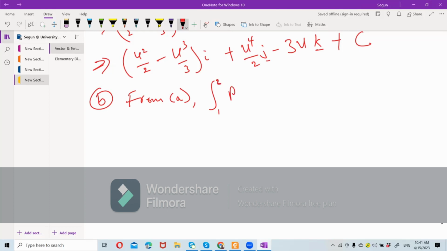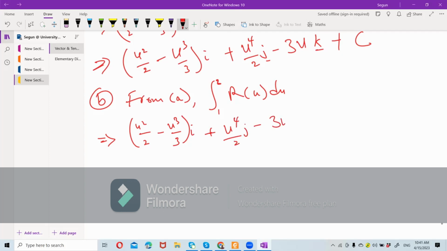The same question, the integral of R of U du will now equal U squared over 2 minus U cubed over 3, I, plus U to the 4 over 2, J, minus 3U, K, plus C. Everything we have from 1.